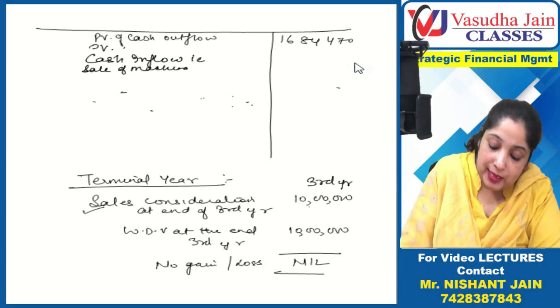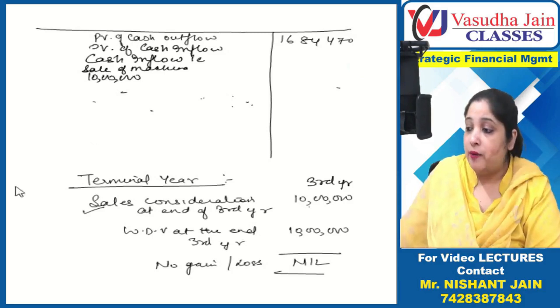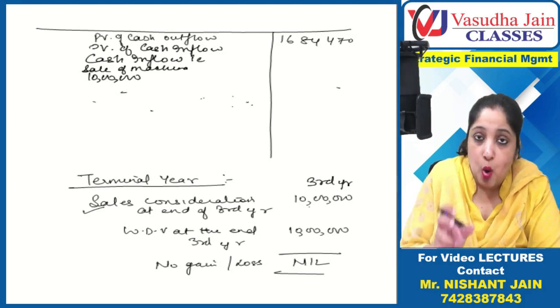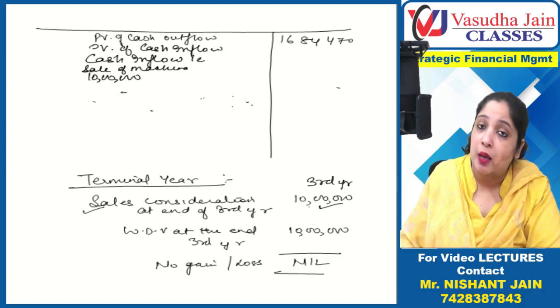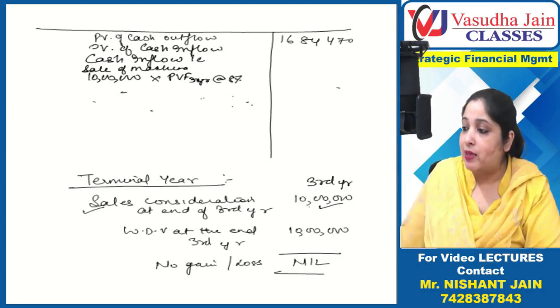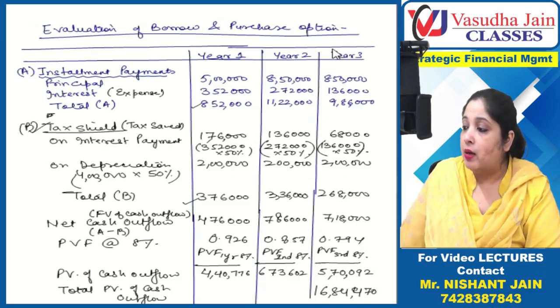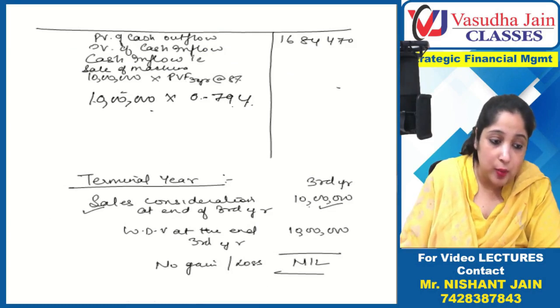So let us compute the present value of this cash inflow. Now 10 lakh rupees is the inflow in the third year. This is the future value of cash inflow, right? This 10 lakh you are getting at the end of the third year. If you want to compute its present value, then multiply with the present value factor of the third year at the rate of 8%. Now what is the present value factor of the third year? This is 0.794. So we multiply 10 lakh with 0.794 and we are getting how much?